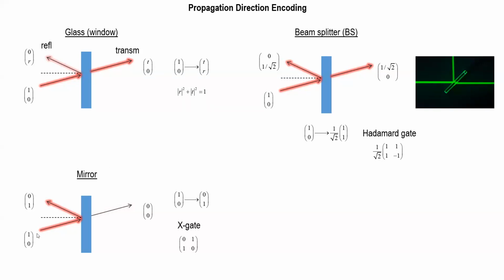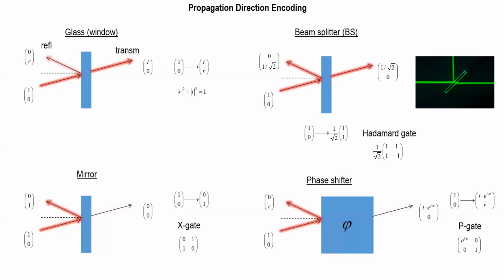In other words, in terms of vectors, the mirror converts the (1, 0) state into the (0, 1) state, so a photon that propagates from left to right is sent in the opposite direction. And in other words, this element, the mirror, works as a bit flip gate, or X gate, if we encode the quantum information in the propagation direction.